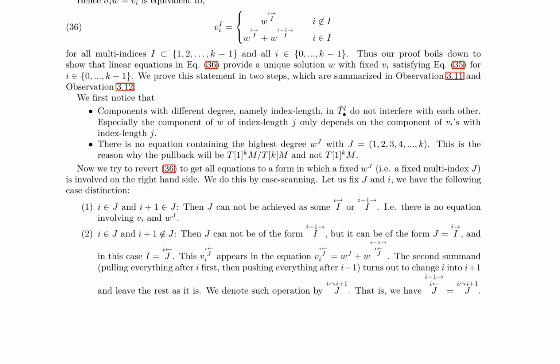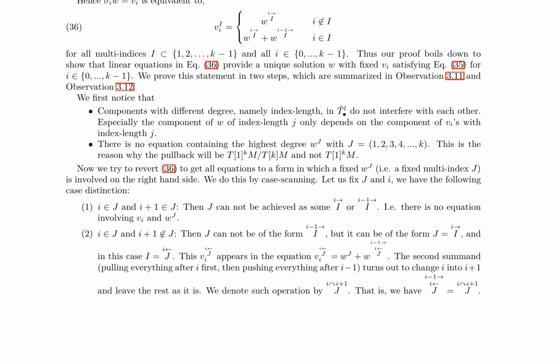This task involves solving the compatibility equations sigma i vj plus 1 equals sigma j vi for 0 less than or equal to I less than or equal to j less than or equal to k-2. The authors explain that the equation sigma i w equals v is equivalent to specific conditions on the components wi and v, which are then utilized to prove the uniqueness of the solution w.